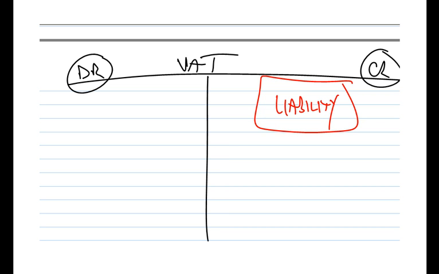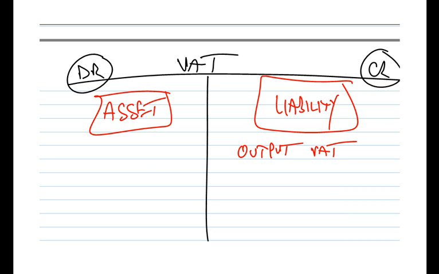Well, if we've added VAT to our sales, as we're required to, we don't get to keep the VAT. We would owe that to the taxman. So basically, if we have charged output VAT on our sales, that would generally be posted as a credit entry to the VAT control account. On the debit side, remember debits, well, that's the debit side, so this would be an asset. So this is if I'm owed money by the VAT man.